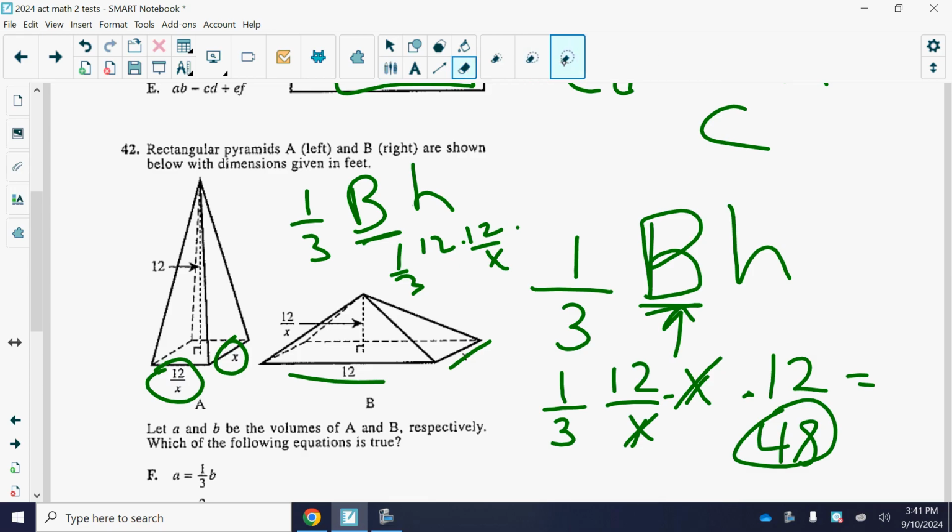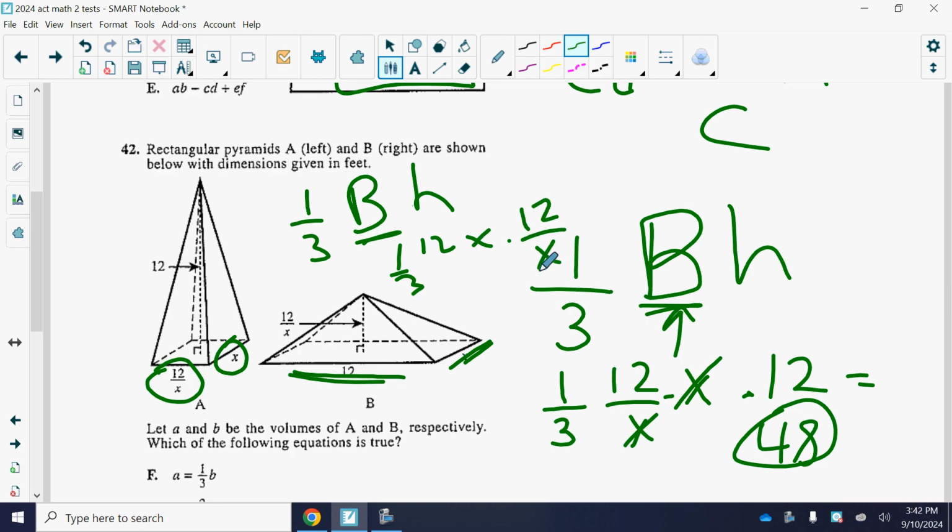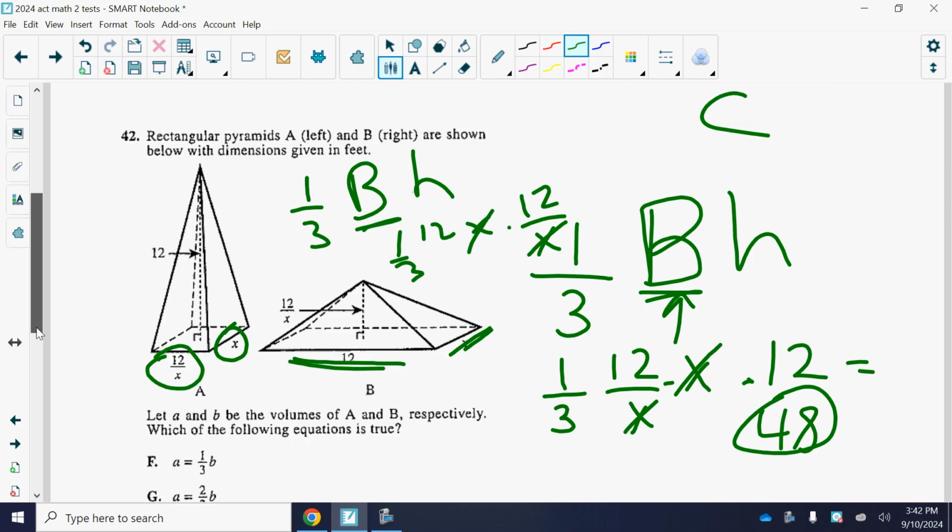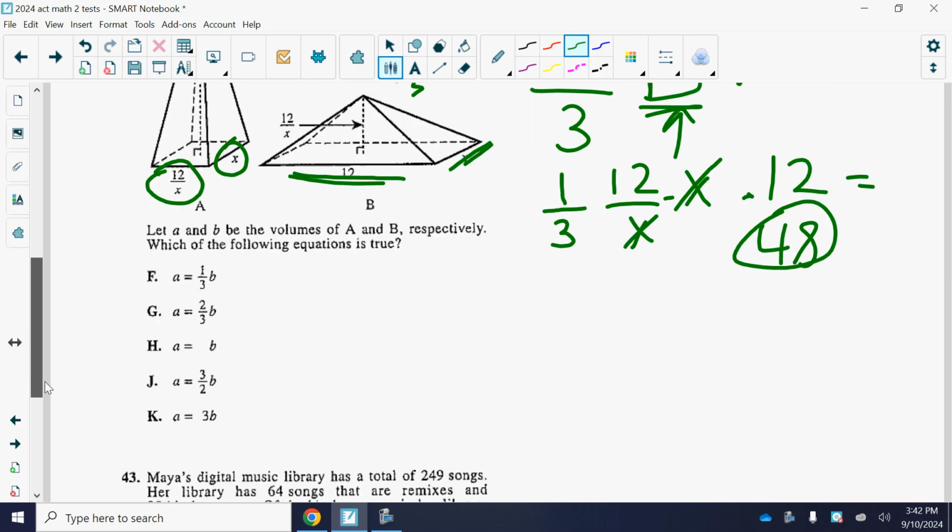I think it's just going to cancel out, but let me correct it. So it's 1/3 of 12 times x times the height, 12 over x. The x's cancel, and you're at 144 over 3 again. So the two volumes, much to my surprise, are equal.